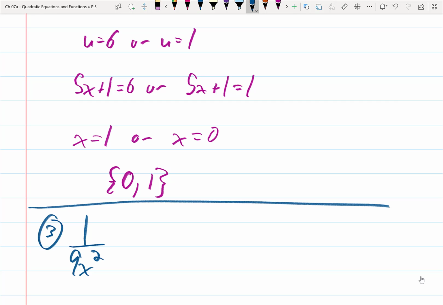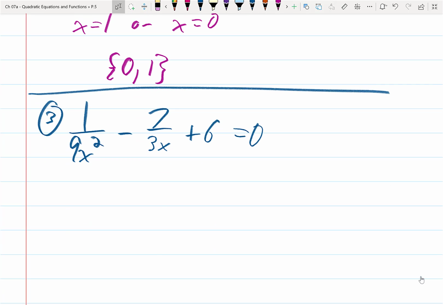1 over 9x squared minus 7 over 3x plus 6 is equal to 0. You have two options on a problem like this. You could multiply both sides by an x squared. That's okay, but you're going to have to check your answers. I want to do this with the substitution, one that we've kind of done before.